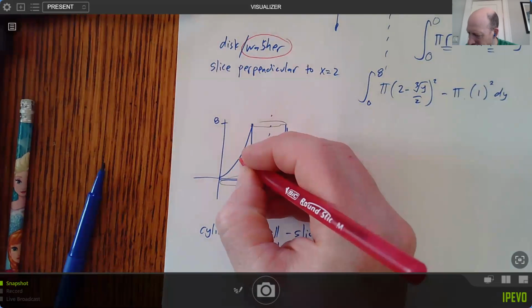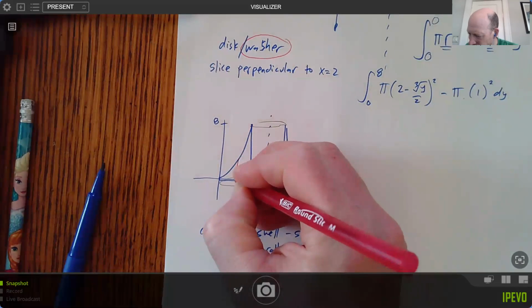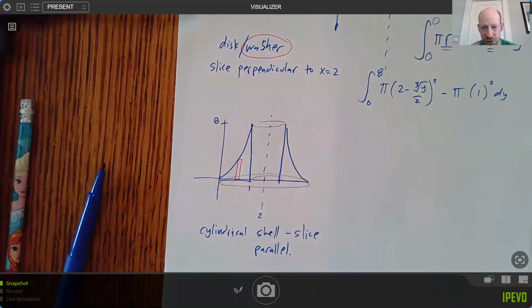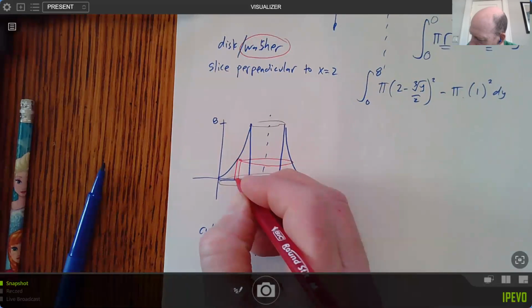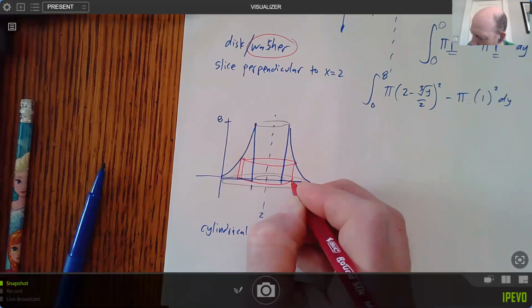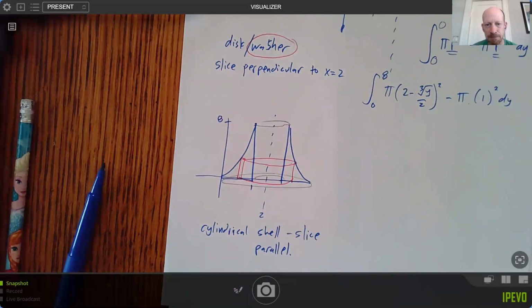So when I slice parallel, what I really mean is I take a little section, a little rectangle kind of, and I spin that around, which carves out a cylinder, basically. It's called a cylindrical shell because it has a little bit of thickness.